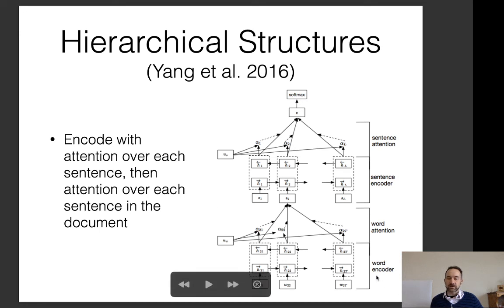So we can see the word encoder and word attention here, and then the sentence encoder, sentence attention here. These are very useful if you are handling longer documents. But one caveat is that there might also be other non-hierarchical models that we can use as well. And we'll be talking about these in a later class when we talk about document processing.